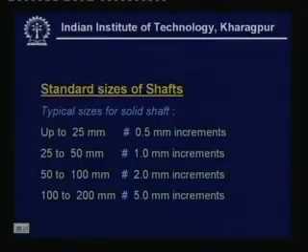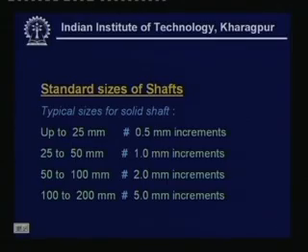Now here we can see this slide where it is written: standard sizes of shafts. Up to 25 mm shaft diameter, you can have 0.5 mm increments. That means it could be 20.5, 21, 21.5, and so forth.